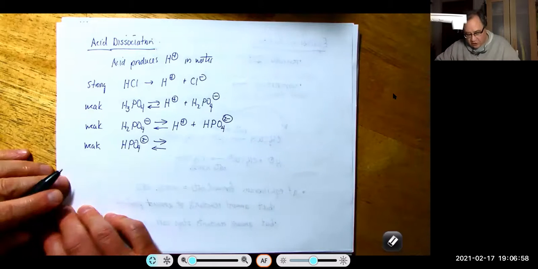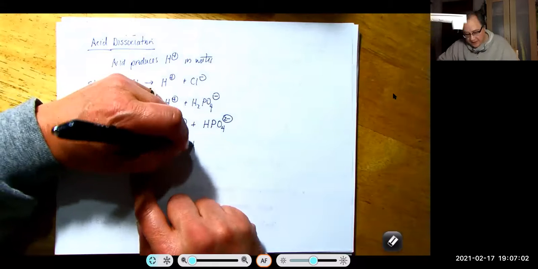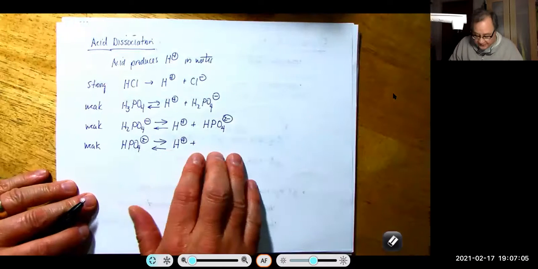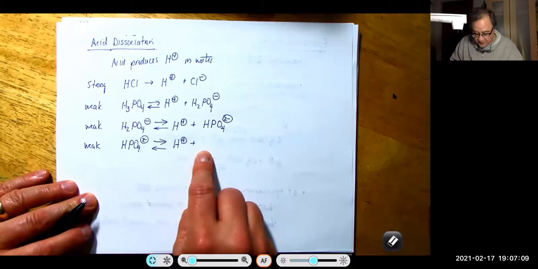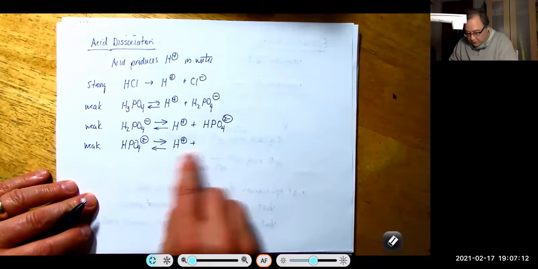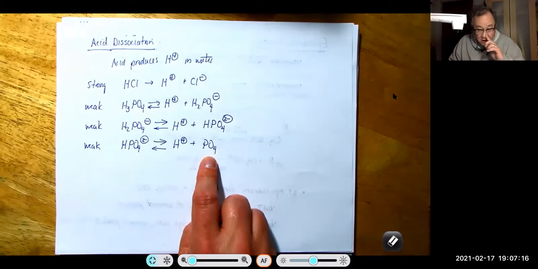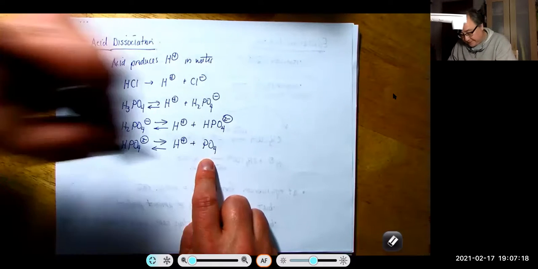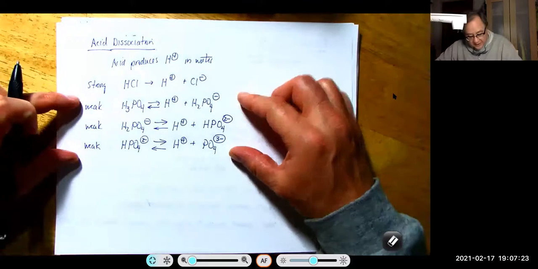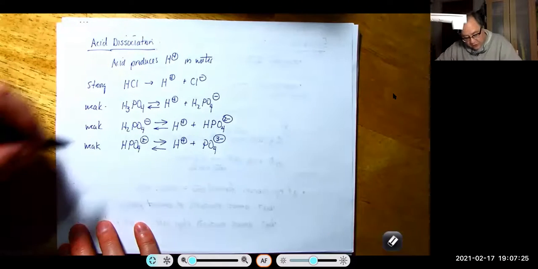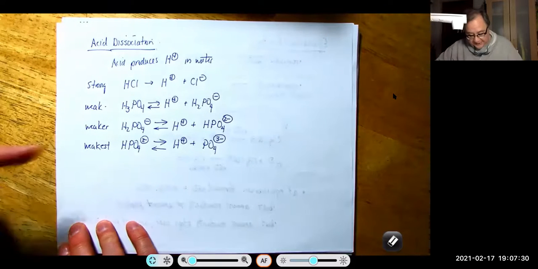Excellent. So because it's an acid, it'll make H plus. And we're trying to figure out what the balance is. If we have 1 H here and 1 H here, we don't want any H's here. 1 phosphorus here, none here. So we're going to put a phosphorus, 4 oxygens, and the charge has to be -3. So when we look at these 3 acids, this one is weak, this one's weaker, and this one's the weakest of the 3. They're all weak acids.